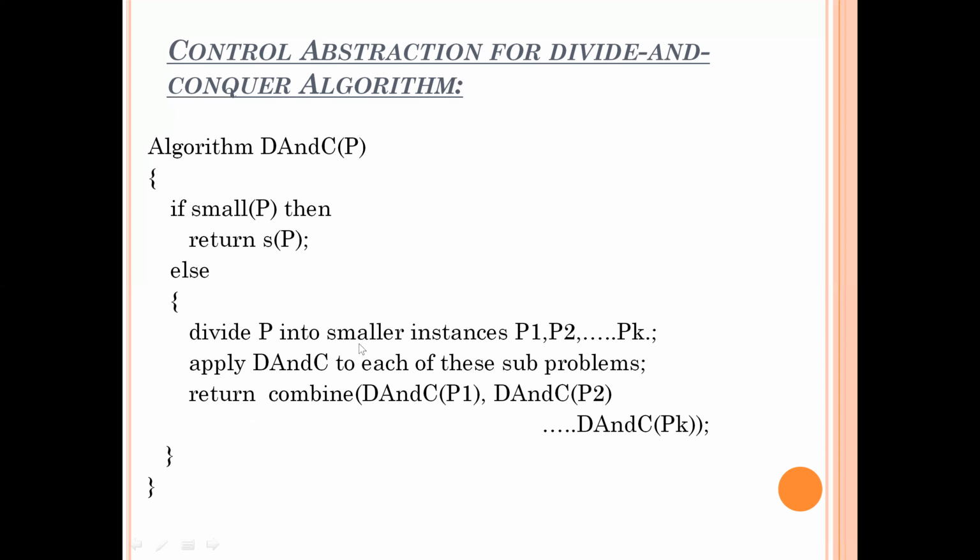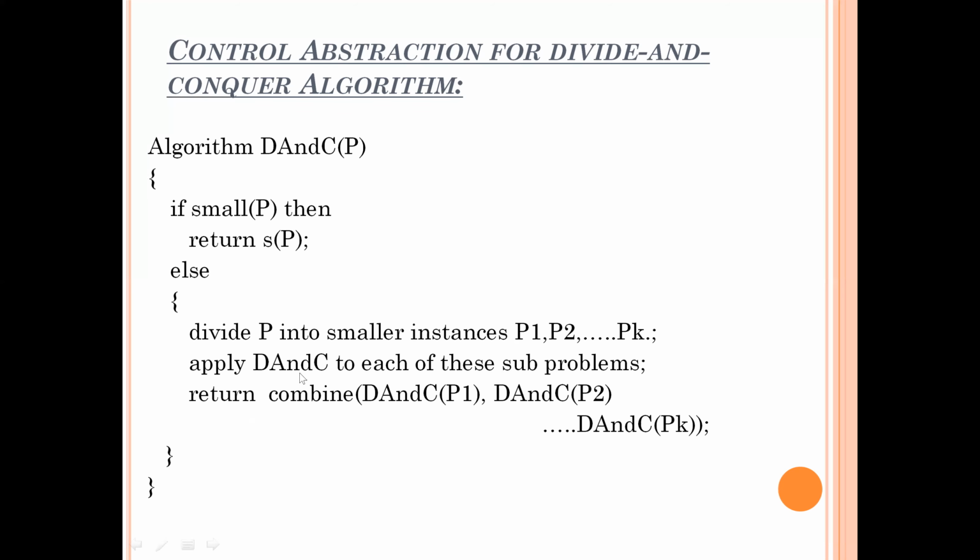If it is not small, the same steps repeat for P1 as well. So apply DAndC to each of these subproblems. This is the process of recursion: for P1, P2, all the subproblems, you check whether it is small or not, and if not, apply the same algorithm again.